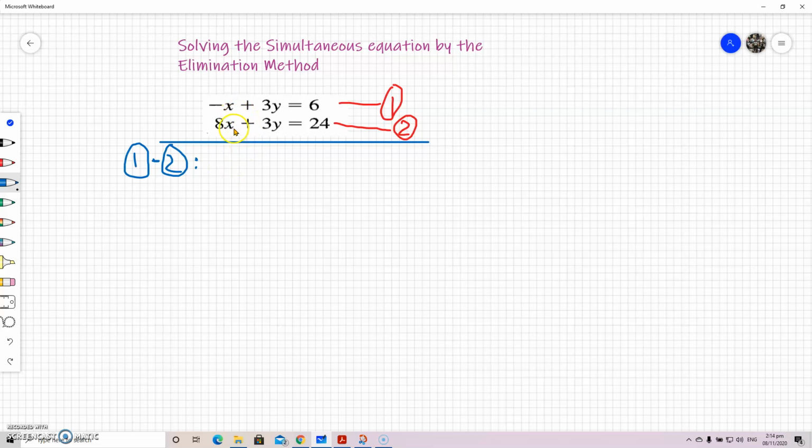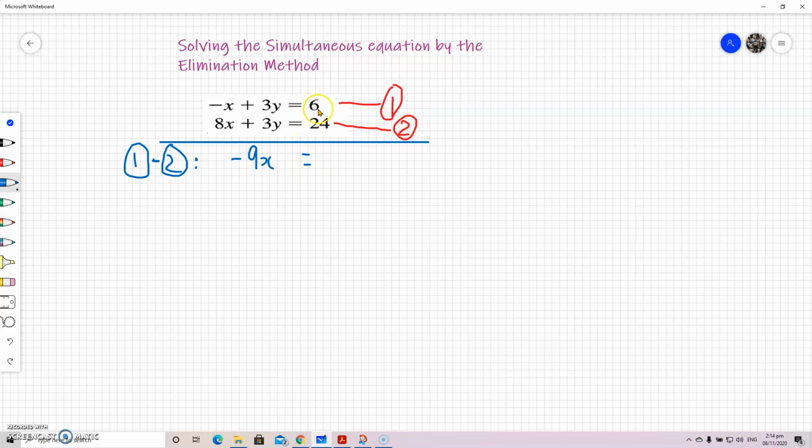So minus x minus 8x. Watch the signs. Minus x minus 8x will give me minus 9x. And 3y take away 3y is 0y. So you get rid of the y term here.